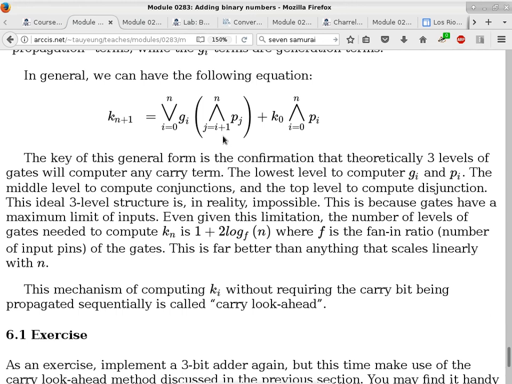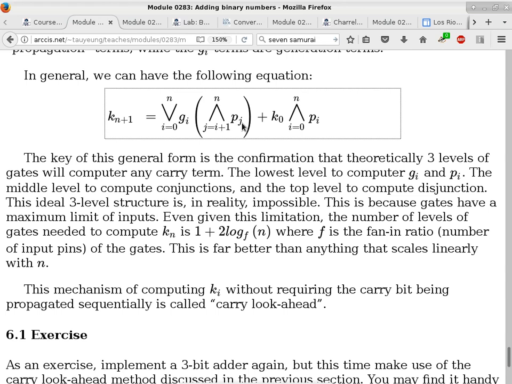So in other words, starting from the inside out, this notation here is basically saying we're doing a big conjunction. What are we ANDing? A whole bunch of p terms. The first one starts from i plus 1, and the last one ends at n.